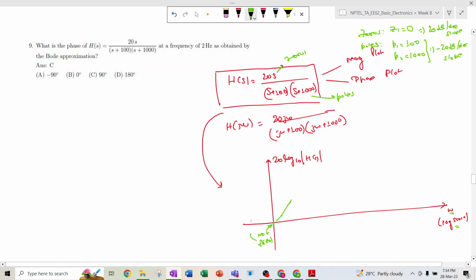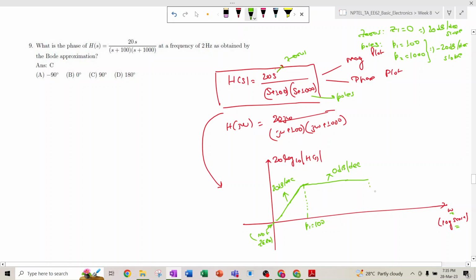So now it will start with 20 dB per decade, and after it reaches 100, that is p1, it will be 0 dB per decade. Earlier it was plus 20 dB per decade, but using the pole-zero concept, this pole gives 20 dB per decade minus 20 dB, that is 0 dB per decade.